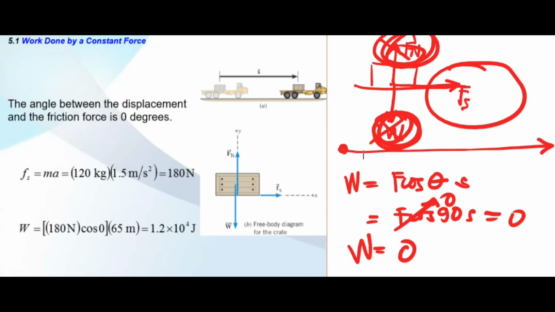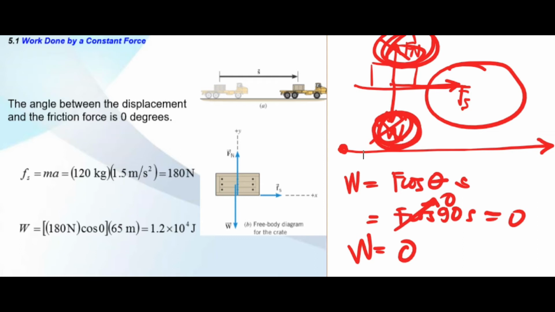The acceleration of the truck is 1.5 meters per second squared. Since the crate is on the truck, it has the same acceleration. So the static frictional force, being the product of the mass of the crate and the acceleration of the truck, is equal to 180 newtons.